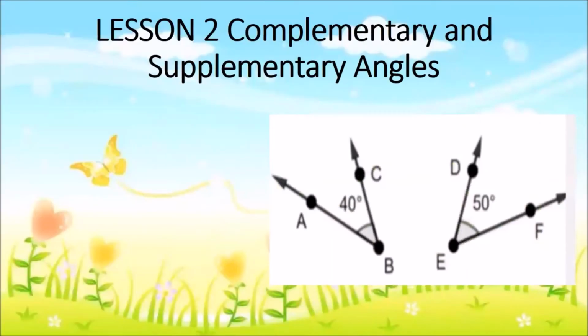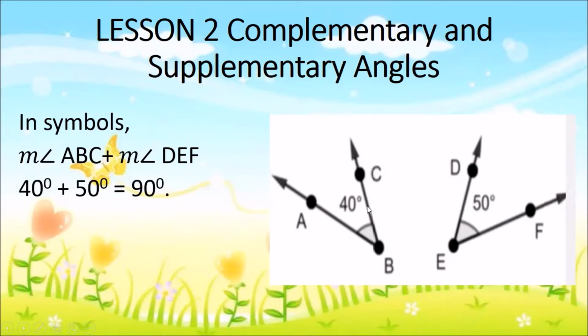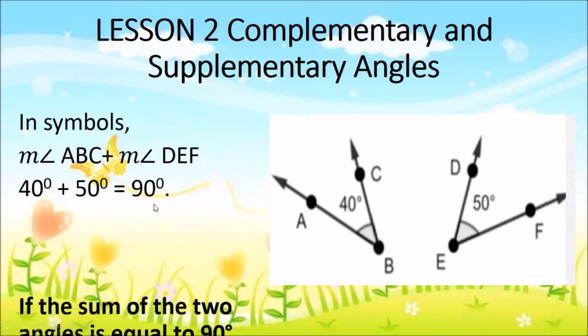Lesson 2, the complementary angles and the supplementary angles. Based from the figure and symbols, the measure of angle ABC plus the measure of angle DEF: ang measure ng angle ABC is 40 degrees, and the measure of angle DEF is 50 degrees, so 40 plus 50 is equal to 90 degrees.